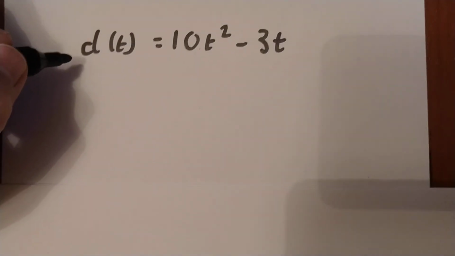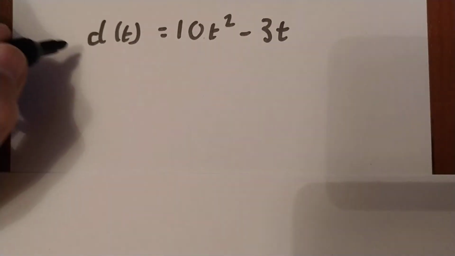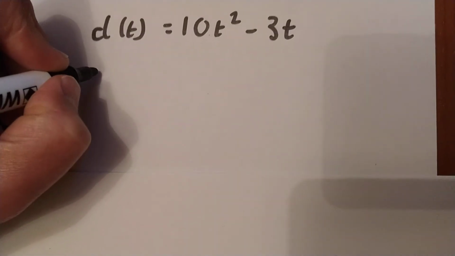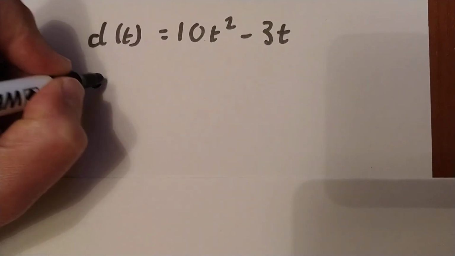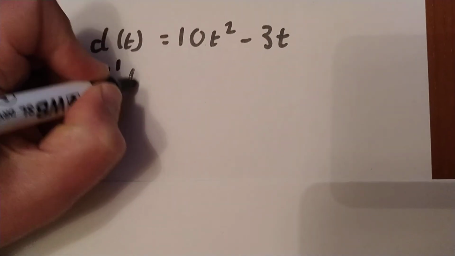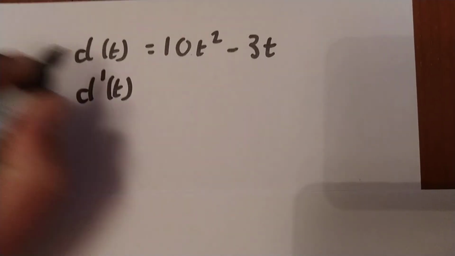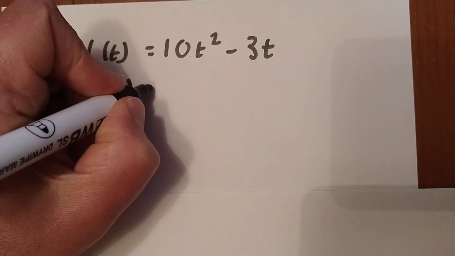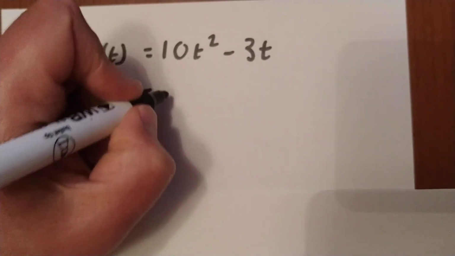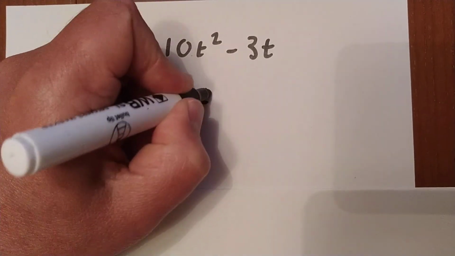That means differentiate first. So on page 4, our example there, we start with the formula. And it's not got f of x, it's got d, so I'm going to say my derivative is d dashed t, just the same thing as saying f dashed x. I'm going to differentiate, multiply by the power, take 1 away, so 10 times 2, 20, t to the power of 1.